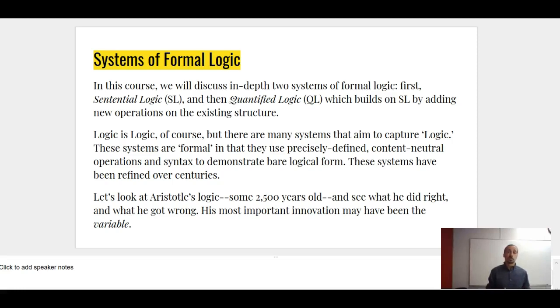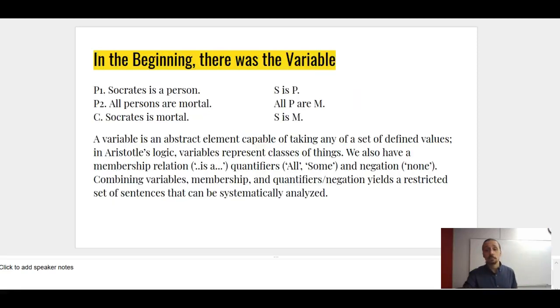Why? Well, first of all, he might have just invented the notion of the variable. The variable is something we've already done in previous videos. We were taking English language arguments and putting them into content-neutral form. We were replacing specific elements of the argument with variables. We had an argument about recessions and falling dollar values, right?